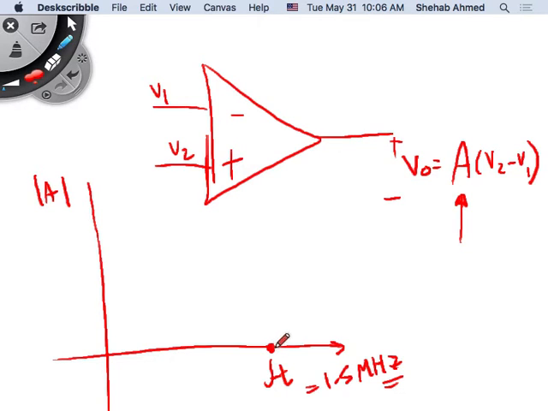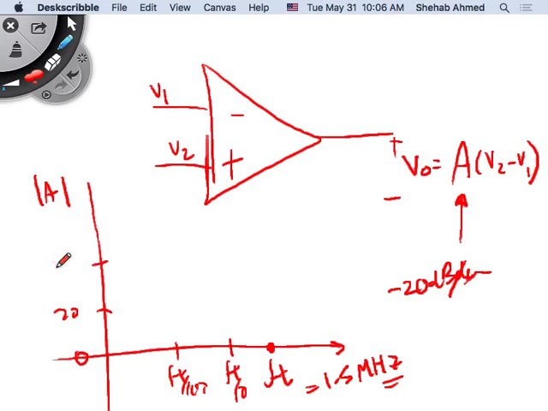This magnitude of A is going to look like what? They're telling us that the characteristic of A as a transfer function looks like a low-pass filter, a single-time-constant low-pass filter. That means it's going to decay at minus 20 dB per decade. So this is Ft, this is Ft over 10, this is Ft over 100, and this is 0 dB, 20 dB, 40 dB, 60 dB.